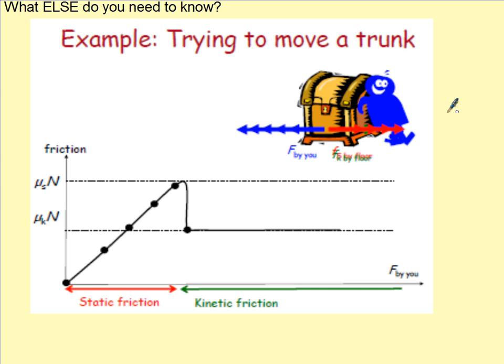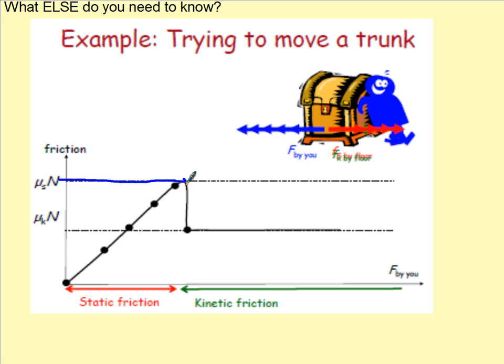Now imagine you're moving a trunk. If you were to graph the frictional force being applied by you, you would see it increases linearly until it hits this magic point right here. This is the magic point, the maximum static friction.